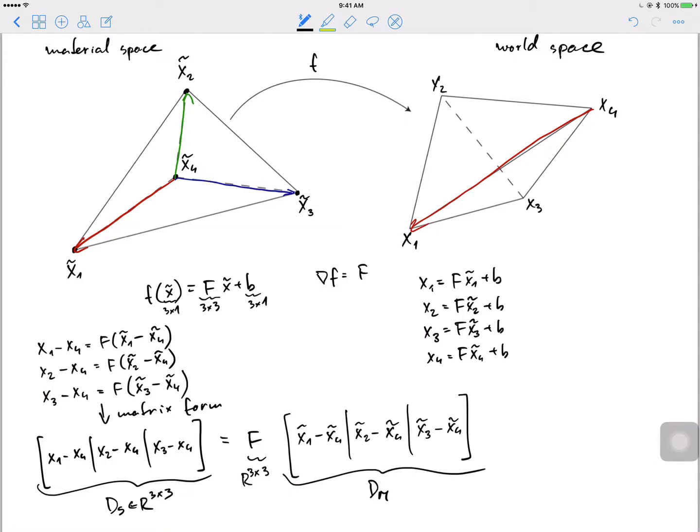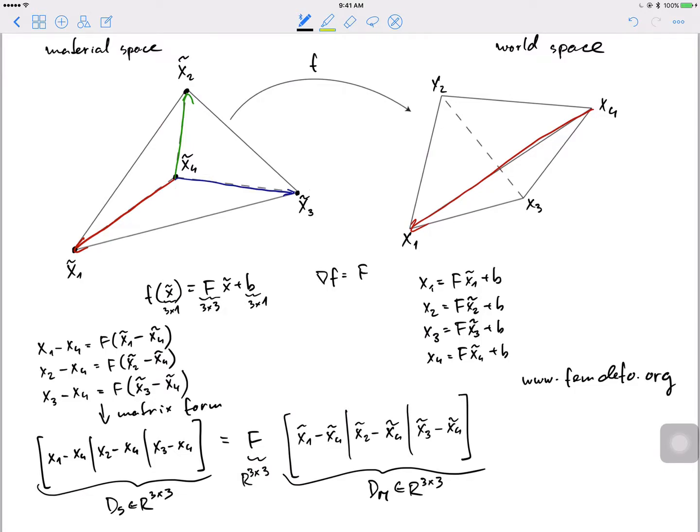I think the m is for material. I did not invent this notation. I took it from the tutorial, which is, by the way, a very good tutorial, which you can look up, femdefo.org.